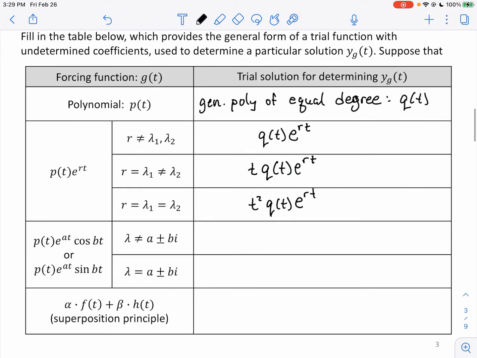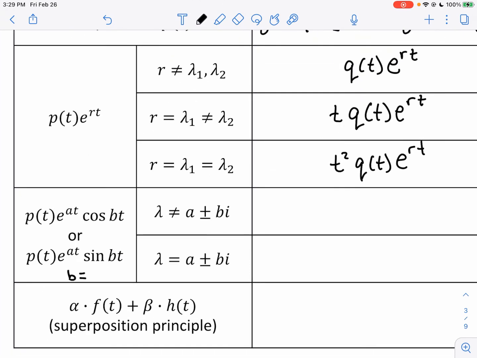Next case, what if your forcing function is the general form of a polynomial times an exponential times a sine or cosine of bt? And we're going to assume that b is non-zero here, because if b was 0, then our roots would be real, not imaginary. So we're assuming that b is non-zero, so we do have imaginary roots to our characteristic polynomial.